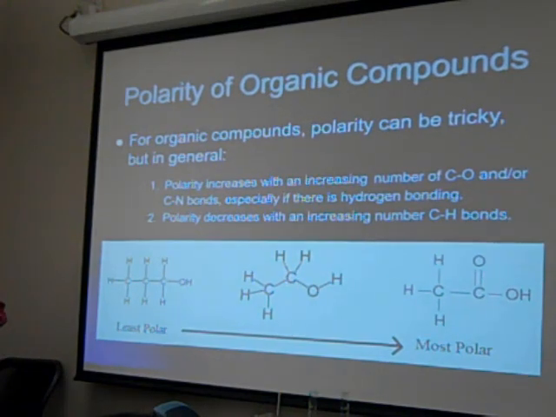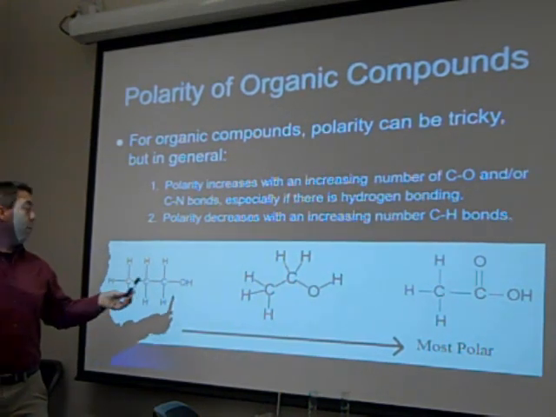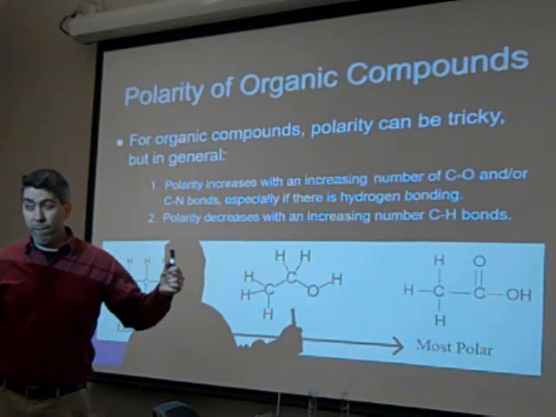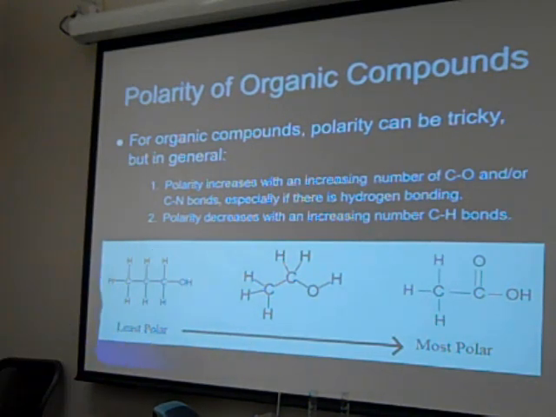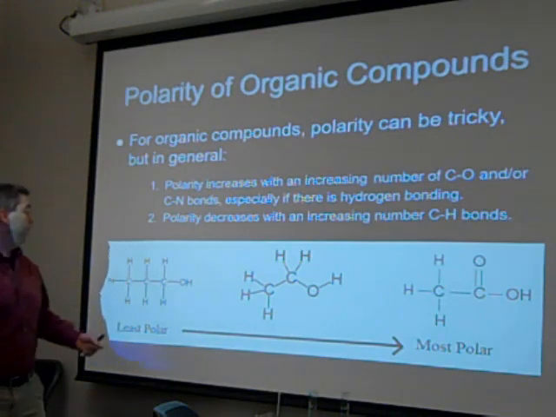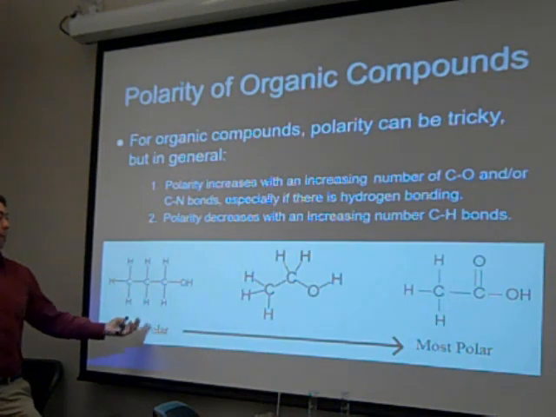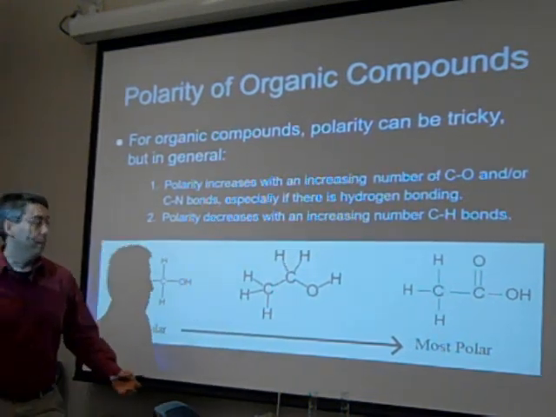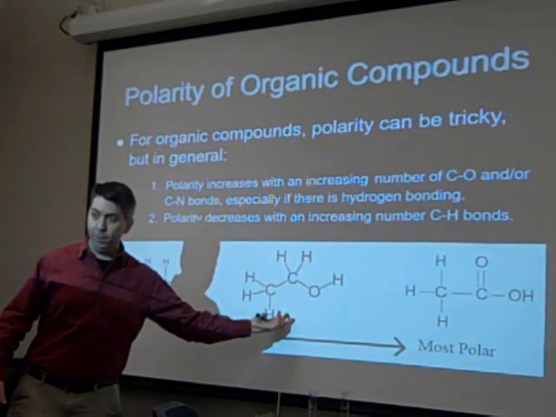So for organic compounds, the more oxygens you have and the fewer carbons you have, the more polar it is. So I have an alcohol with 3 carbons, I have an alcohol with 2 carbons. Which one's more polar? The one with 2 carbons.